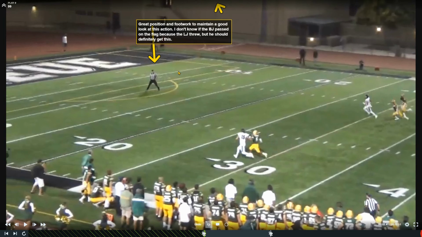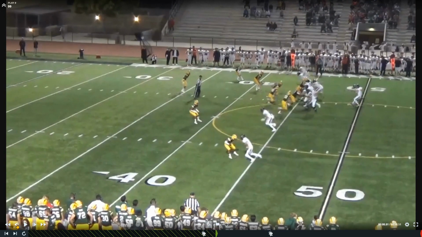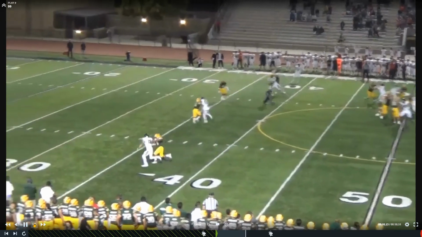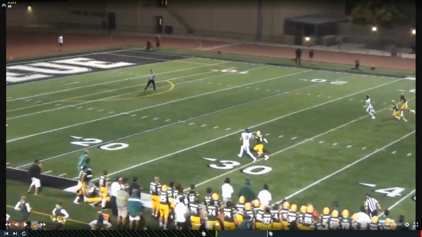Likes the footwork, likes the positioning of the back judge, but there's no flag, and this guy right there has got a big old handful of jersey.